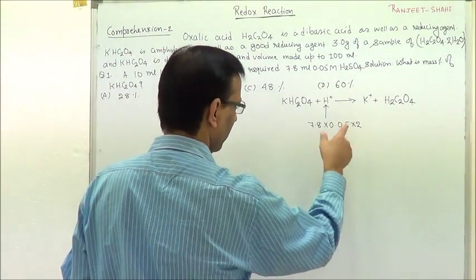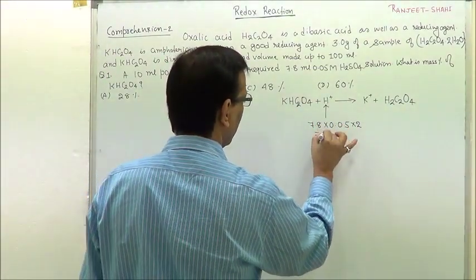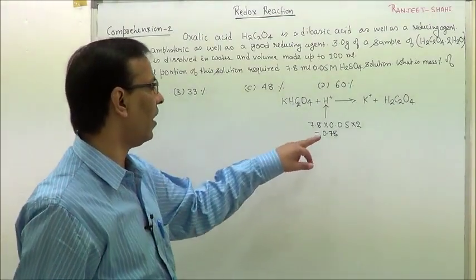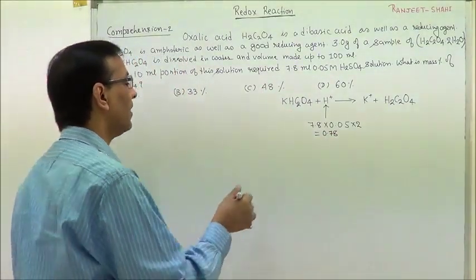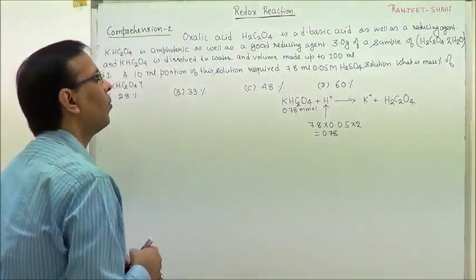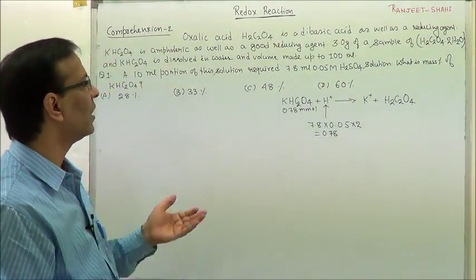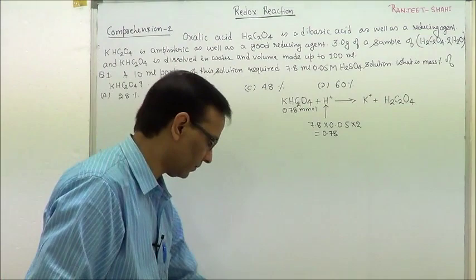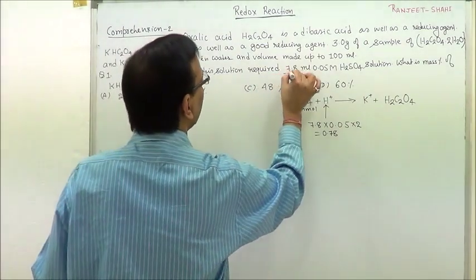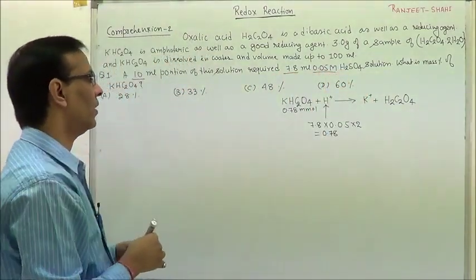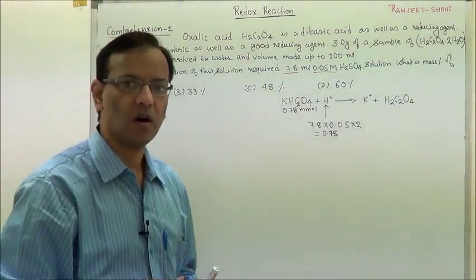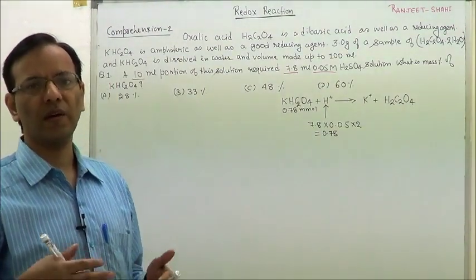So it is 0.1 multiplied by 7.8, so 0.78 millimole of potassium hydrogen oxalate is present in 10 ml of this solution.